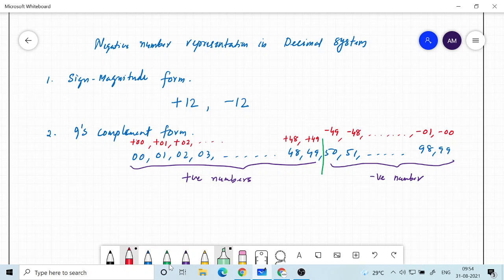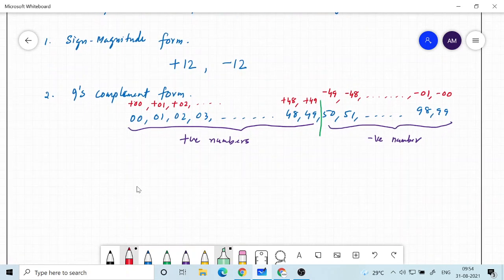But then after plus 49 comes minus 49, minus 48, like that. So if you want to convert the 9's complement form into sign magnitude form, you need to know what the mapping is. So this is one way you can represent negative numbers. Basically we split and then we have a mapping here.